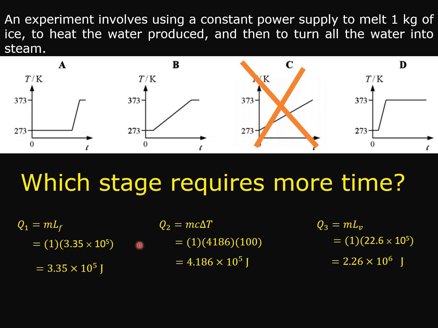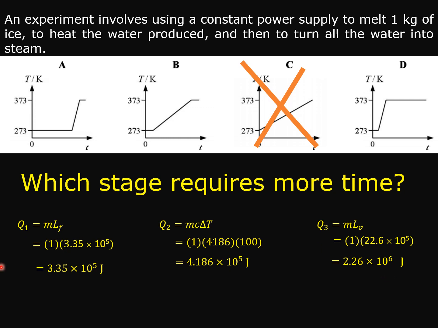And this one is the second longest time, for the 0 degrees C water to increase its temperature to 100 degrees C, which is boiling water. And this one is the longest, for the 100 degrees C boiling water to transform into 100 degrees C steam.